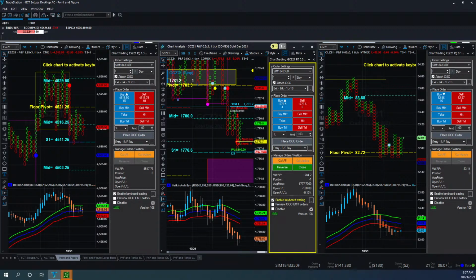Crude is bouncing back up. Momentum is down in gold, but it's reversing.